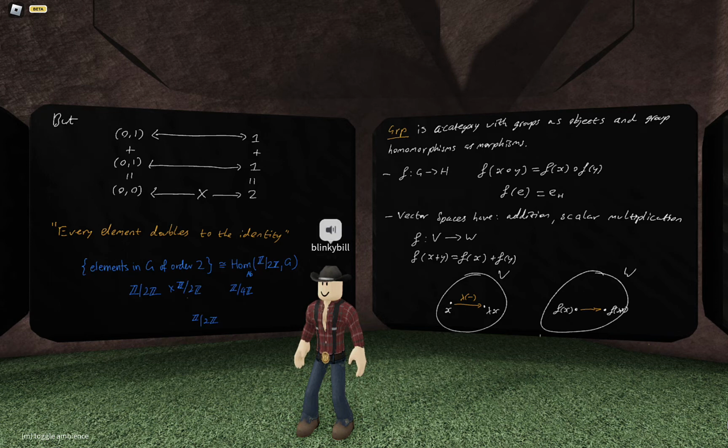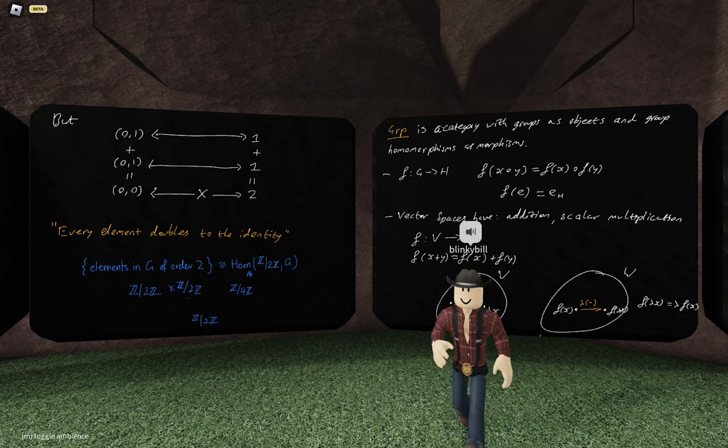Do it in orange as well. Looking at that tells you that f of lambda x has to be equal to lambda f of x. Those are the two rules for morphisms of vector spaces, and that gives you linear transformations.